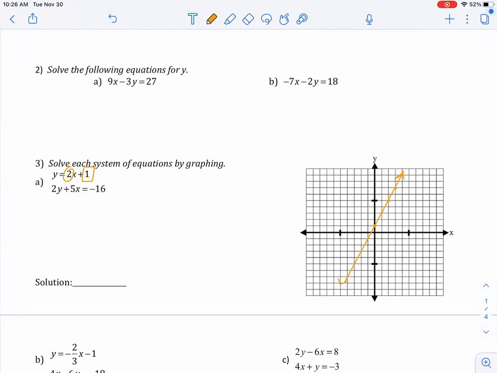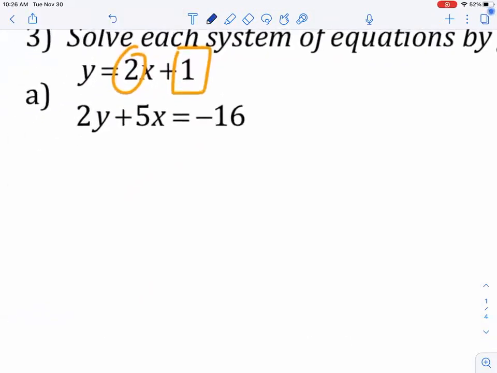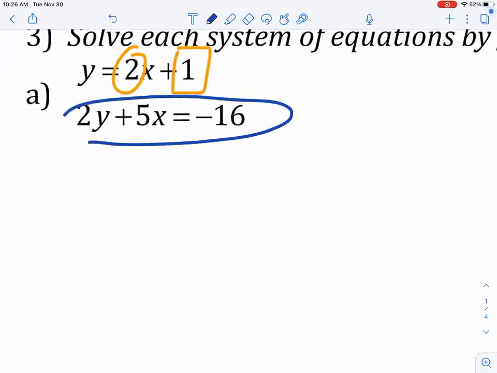Now the difference in this problem is that the second line, the one that we're going to make blue, is not in a nice form. So we need to first solve that for y. So first thing I'm going to do is take this equation and solve it for y. So I'm going to move the 5x over by subtracting 5x from both sides.